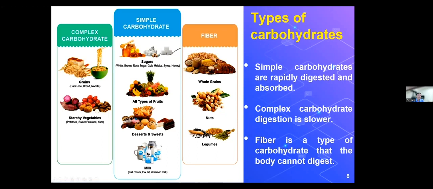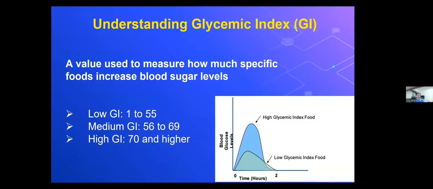Understanding these different carbs will be helpful for you to understand which one would cause rapid high sugars. That has to do with a medical term called the glycemic index, or GI. That is a value to measure how much specific foods increase blood glucose or sugar levels.